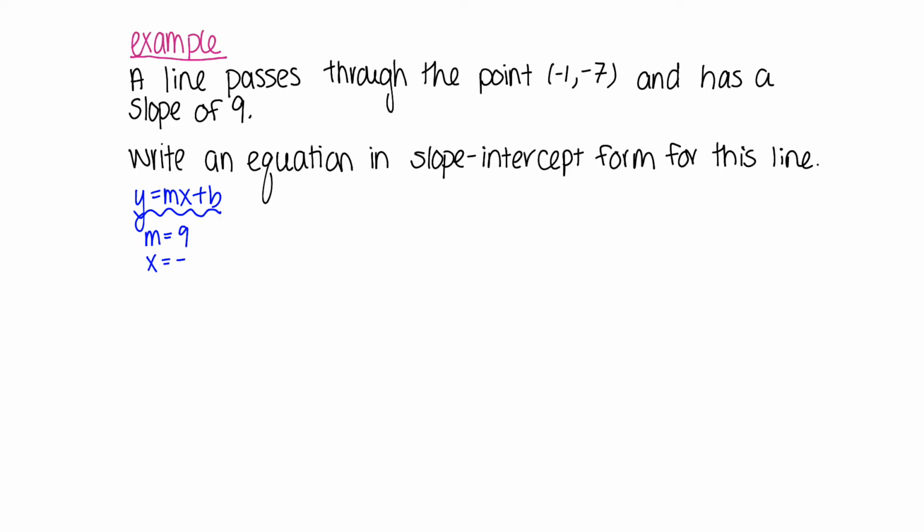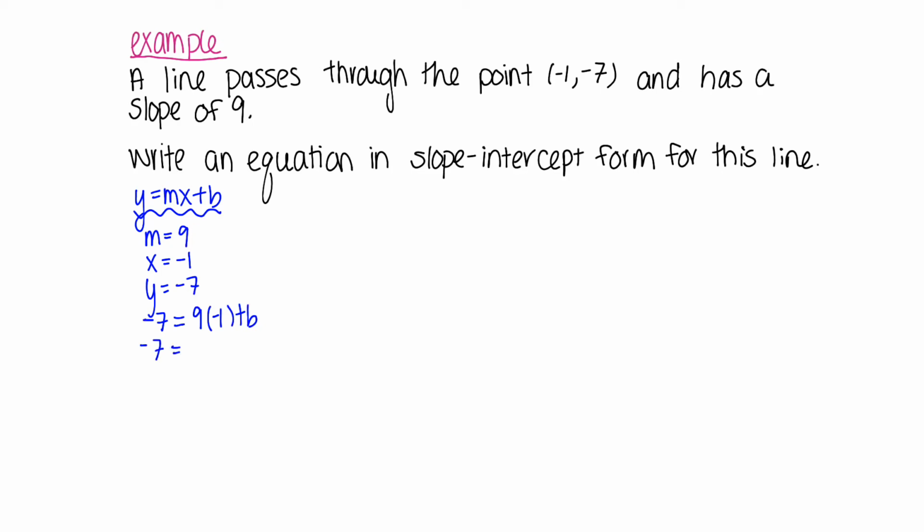That means x is negative 1, y is negative 7. Plugging those values into y equals mx plus b, we're going to get negative 7 equals 9, which is m, times x, which is negative 1, plus b.